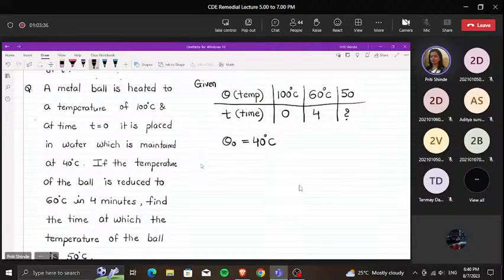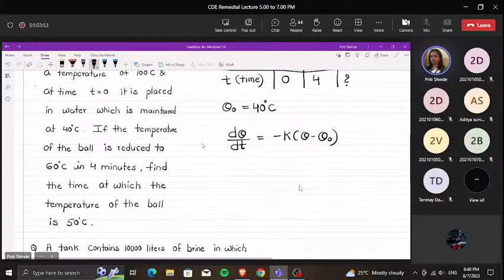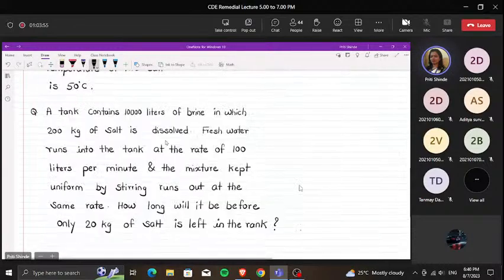Okay, so prepare your table. This is very, very important. Now, what is the differential equation? According to Newton's law of cooling, d theta by dt is equal to minus k into (theta minus theta 0).